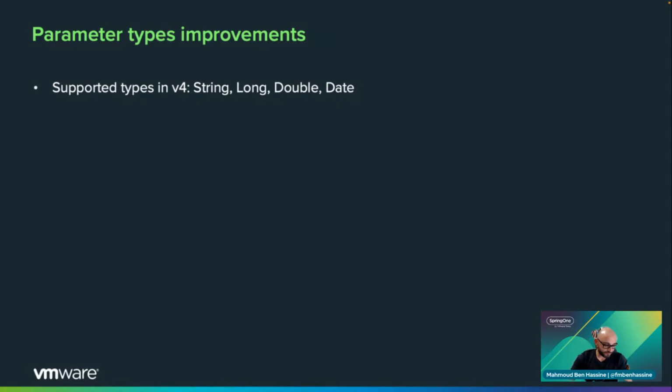This is sometimes an issue, because if I have a Boolean parameter, for example, I should find a way to convert it from string to Boolean and so on. So I need to find a way to convert my personal type to one of these, which is a very restrictive list.